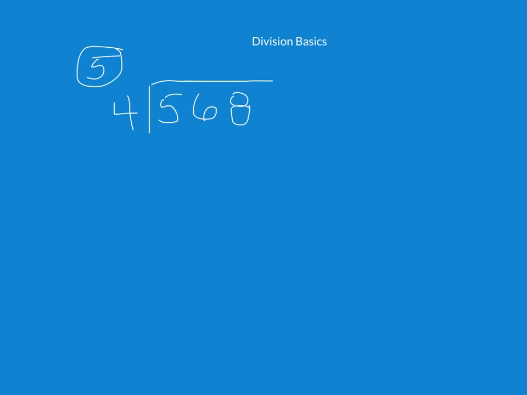Okay, so as I'm splitting 568 into 4 groups, I start with this largest place value, which is this 5 hundreds. So can I make 100 groups of 4? I certainly can. So 100 groups of 4, and that would be 400.